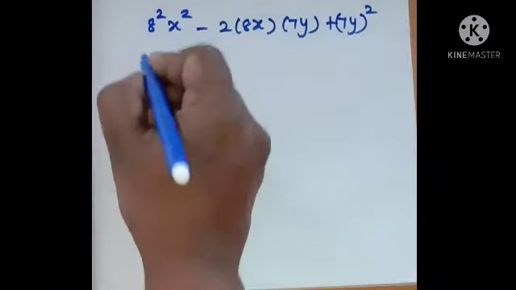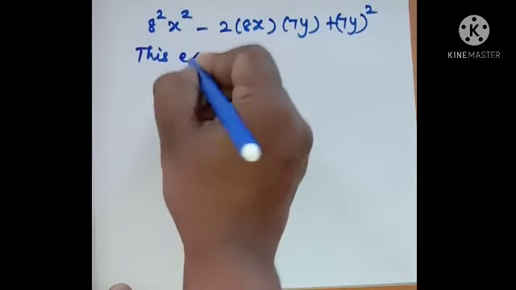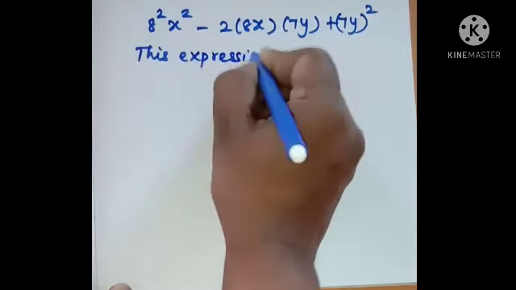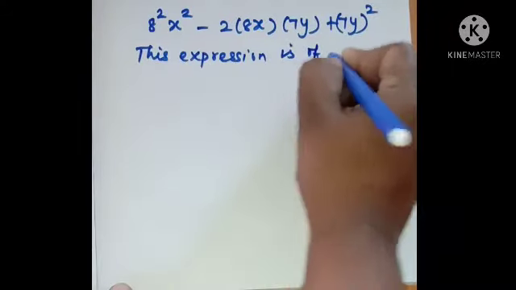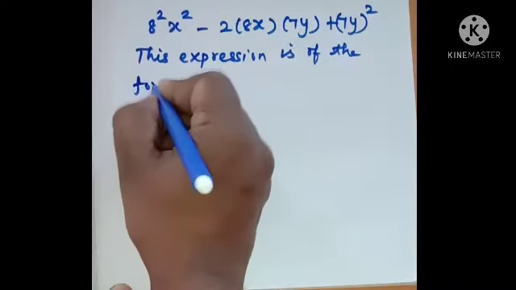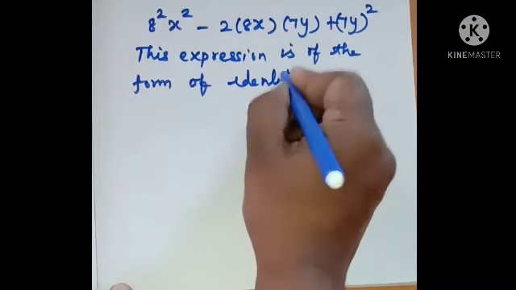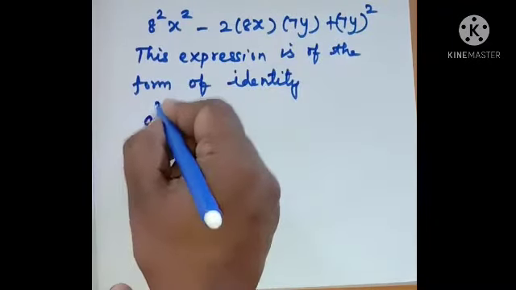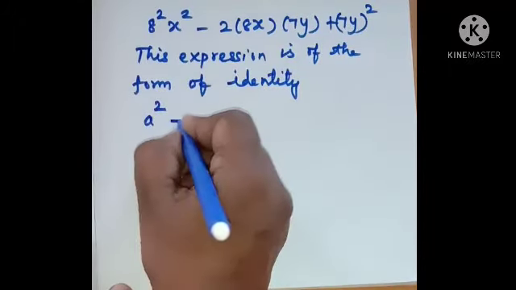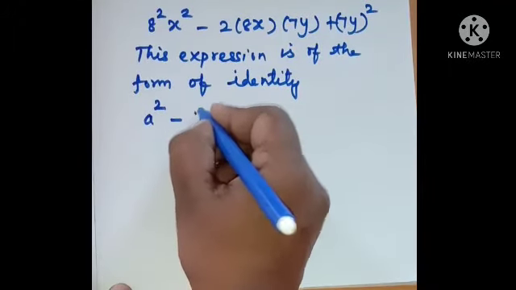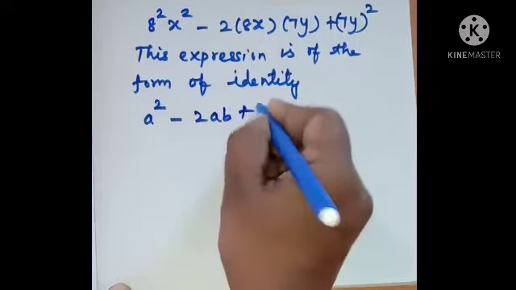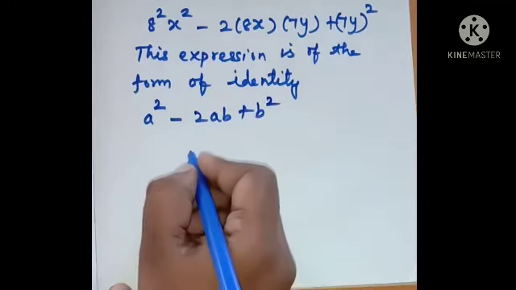Now children, this expression is of the form of the identity a square minus 2ab plus b square.